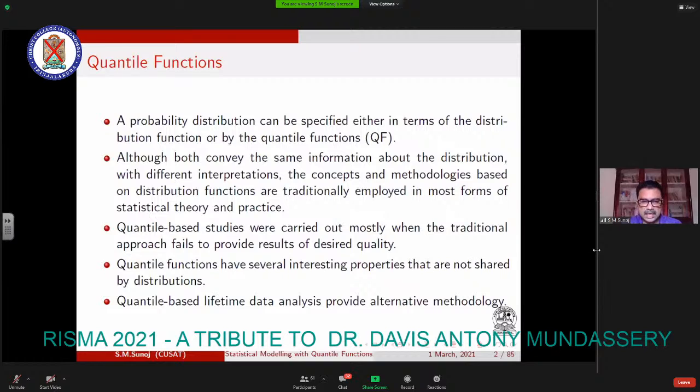So even if both approaches convey the same kind of information, some properties that the quantile function possesses are not shared by the distribution functions, so this will be more handy in certain situations that we will see. Quantile-based lifetime data analysis provides an alternative methodology, and it can also be used as an efficient alternative, which we will discuss.